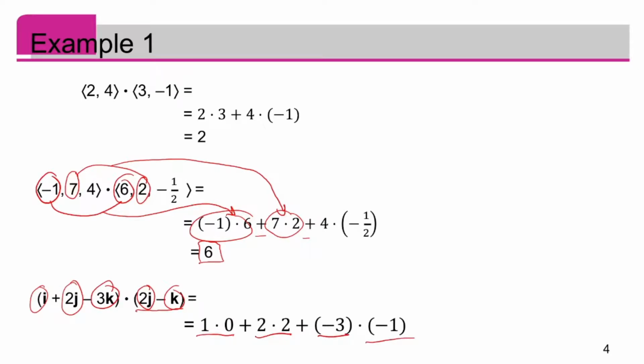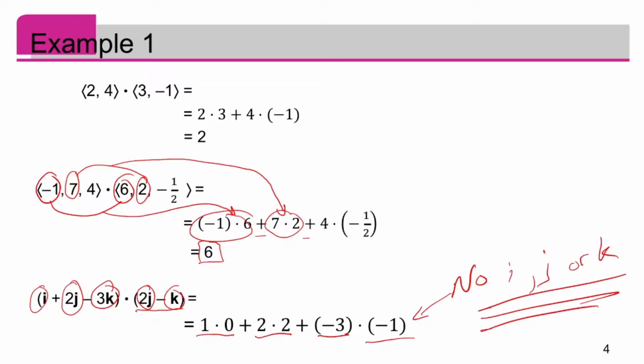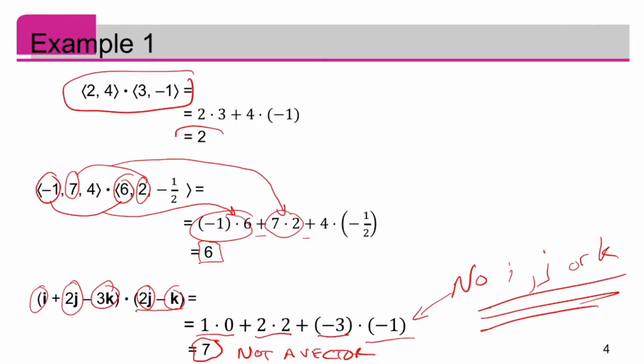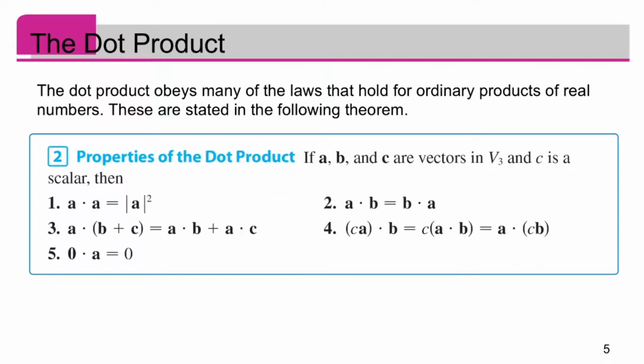Another mistake some students make when doing the dot product is they like to write the i, j, and k over here. There's no i, j, or k. I know you love those things, but you're not going to use them here. Anyway, my total is 7. You just get a number. It's not a vector. So you take two vectors, and the result is a number.